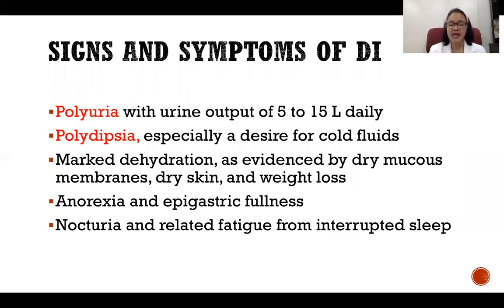So what could be the signs and symptoms of your diabetes insipidus? Polyuria with urine output of 5 to 15 liters. Imagine that, 5 to 15 liters per day. And because of that, patients, of course, would desire more fluids, no? Some patients or most patients would desire cold fluids. And as a result of this polyuria, there might be marked dehydration, okay?